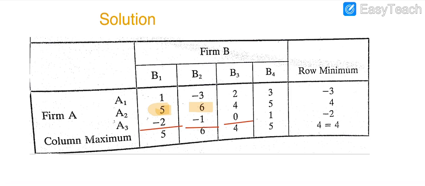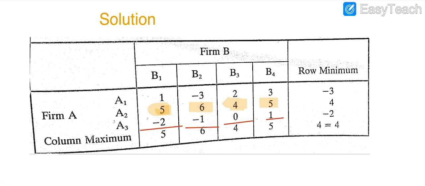That will be 4. Clear? And what will be the maximum value in the next column, 3, 5, 1? Which is the biggest value? Of course, it is 5.